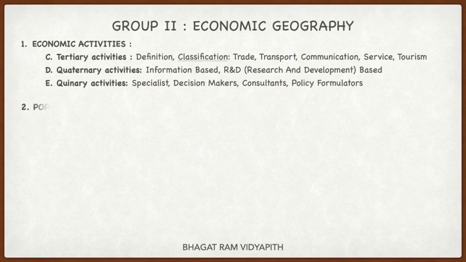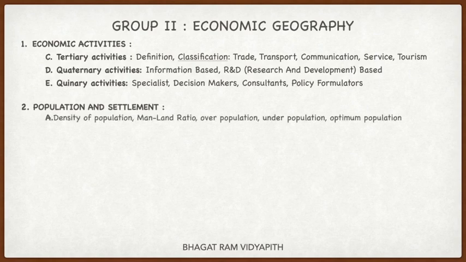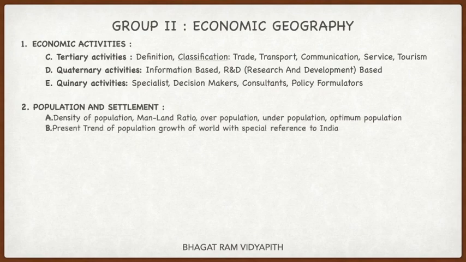After this, we have population and settlement as the second section, which talks about density of population, land to man ratio, overpopulation, underpopulation, and optimum population.